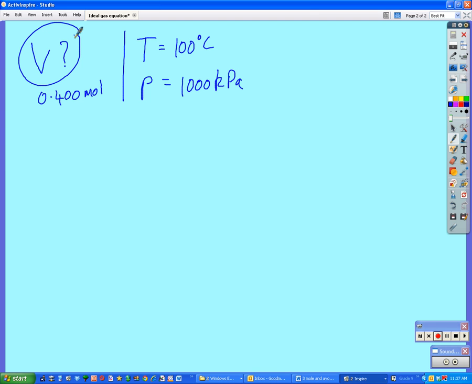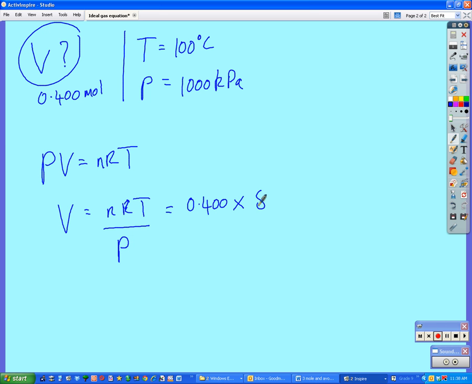Okay, well, we know that PV is equal to nRT. First of all, let's make what we're trying to find, volume, the subject of our formula. So V will become nRT over the pressure. The number of moles we have is 0.400, multiplying by our gas constant from your data booklet, 8.31.